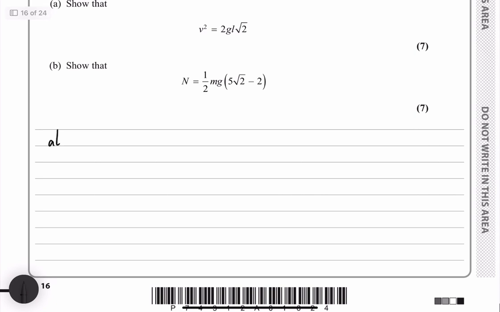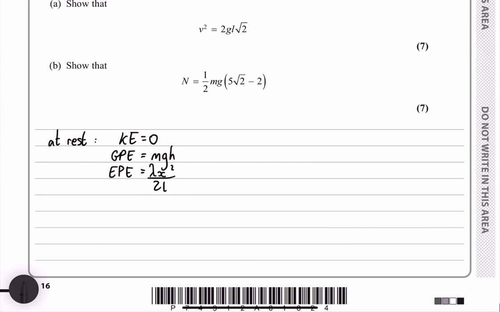So at rest, we've got kinetic energy 0, gravitational potential energy mgh, and elastic potential energy lambda x squared over 2L.